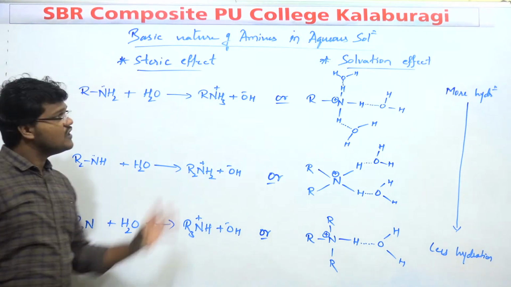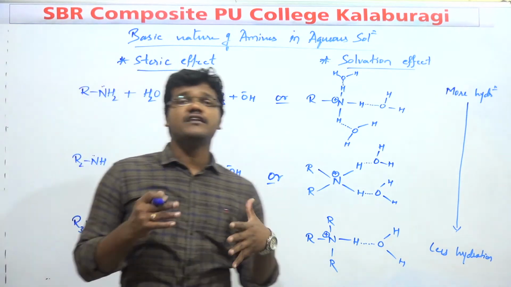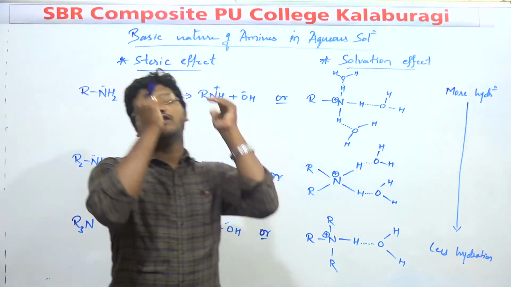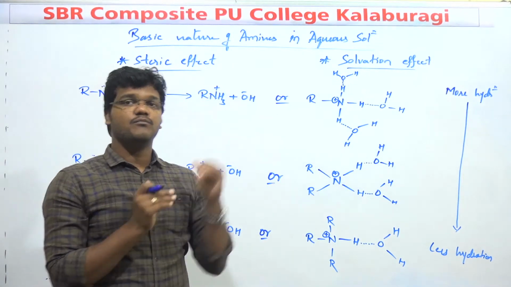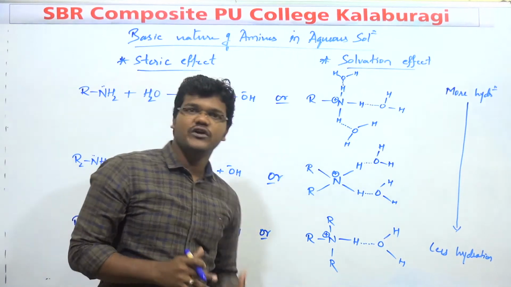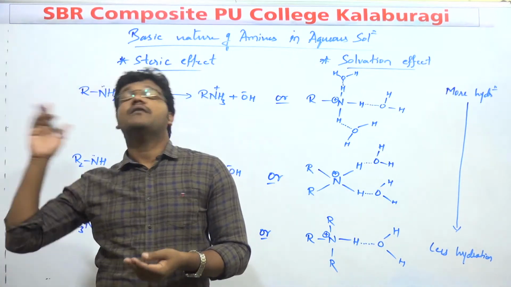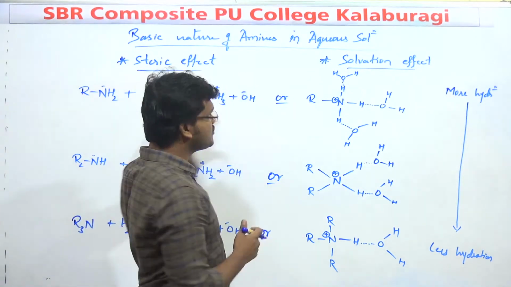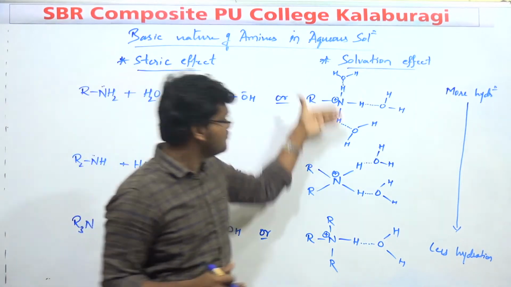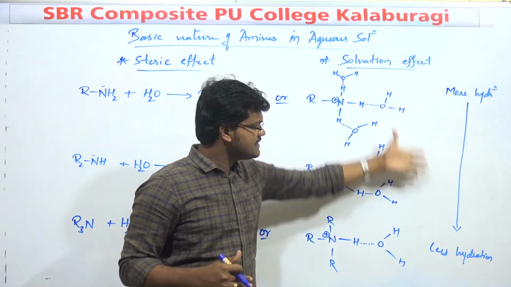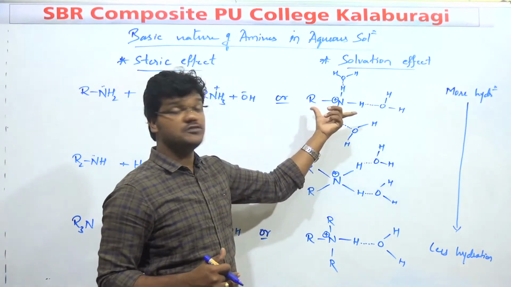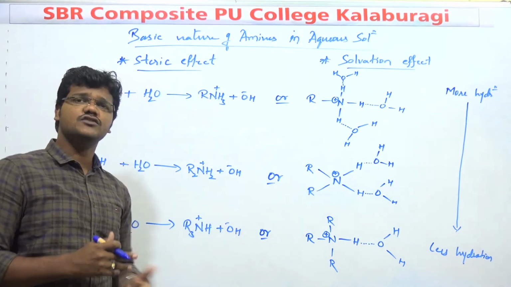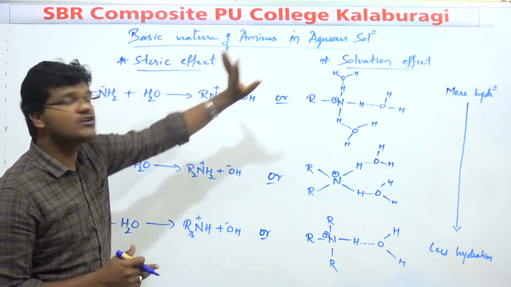Clear? So the solvation effect is nothing but when an amine is dissolved in water, it forms hydrogen bonds so as to attain stability. If the compound after formation attains stability, then it becomes more basic in nature. So according to the solvation effect also, as we move on, hydration decreases. Hydration is maximum for primary, because I'm talking about aqueous solution.